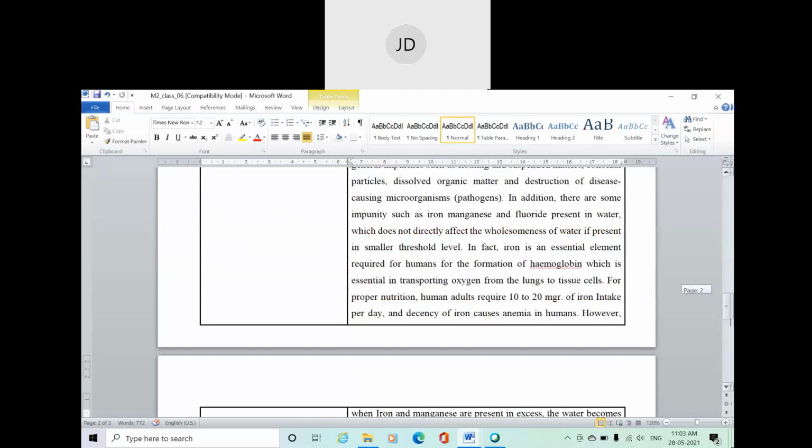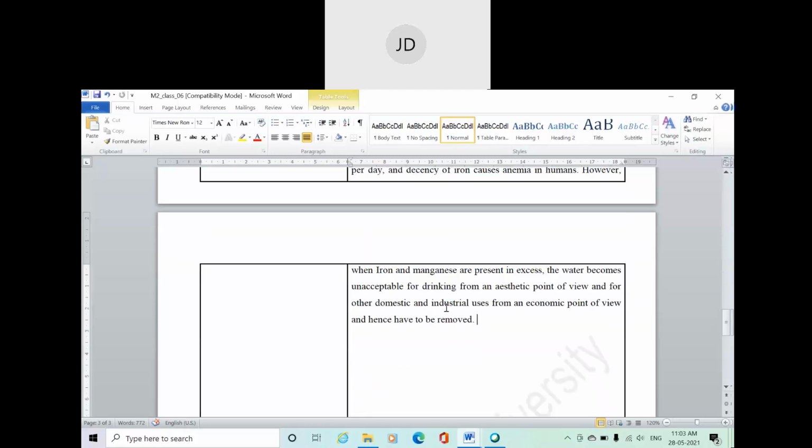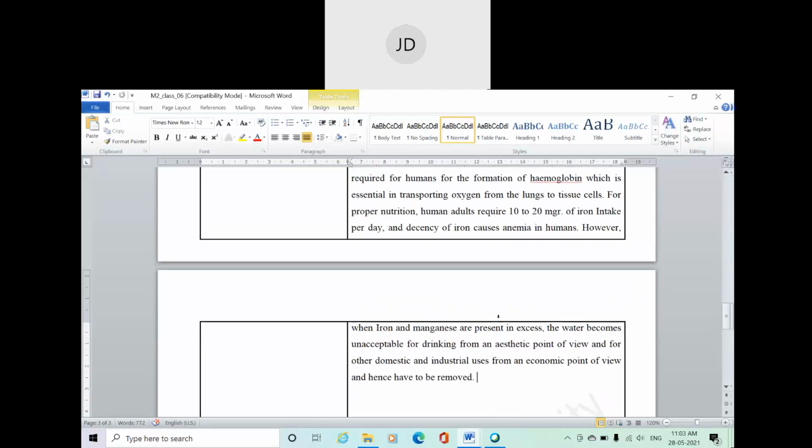It harms the aesthetic view of the water and also damages the pipeline. So we have to maintain or reduce the limits of iron and manganese in water.